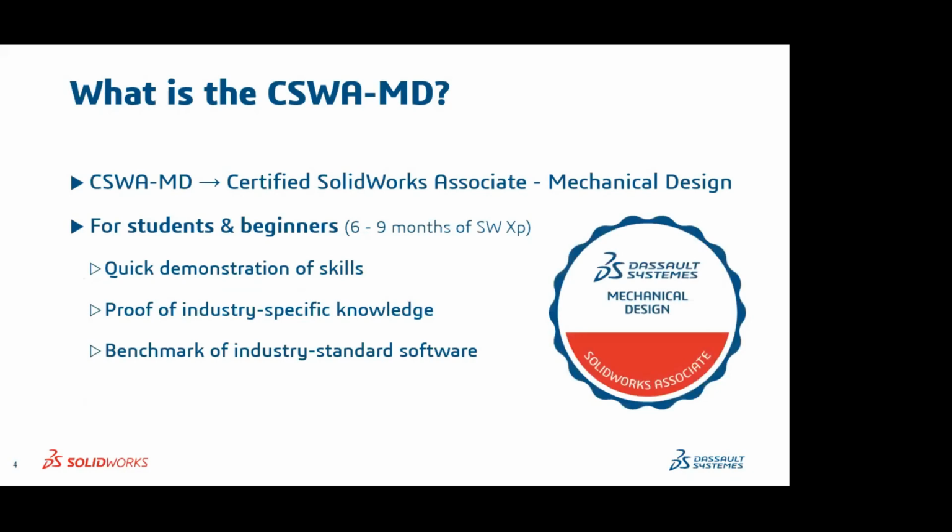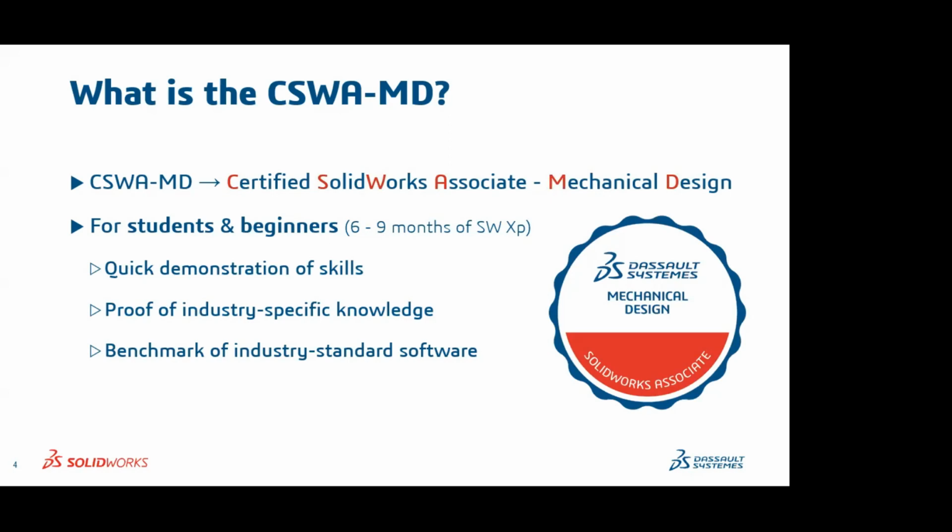So first things first, most of you might have heard the word CSWA, but mostly when we say that, we mean the CSWA-MD exam, which is the mechanical design exam. And that specifically means Certified SolidWorks Associate in Mechanical Design. So you're certified in SolidWorks software at the level of associate, because there are multiple levels. There's associate, professional, and expert.